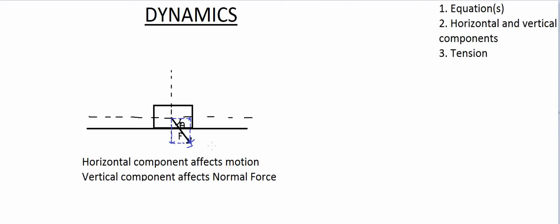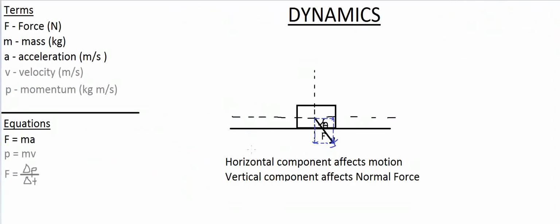If this is F, then the horizontal component is F sine theta, and the vertical component is F cosine theta.